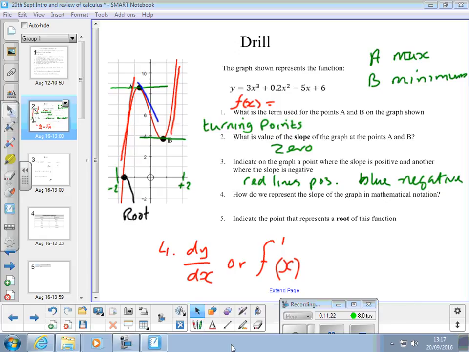Notice in my question I say a root, because it is quite possible, if this is a complex function and you're going to come across some that are multiple sine waves added together in electrical, where it could quite possibly cross that line again up here somewhere at higher values of x, or down there at lower negative values of x. So it is a root. It is one root, and it's the one in the area of interest. Okay?